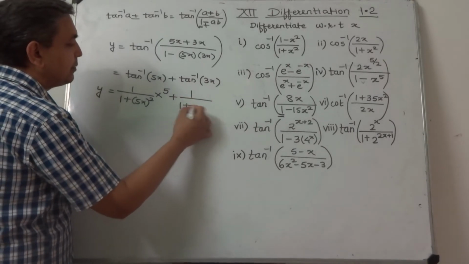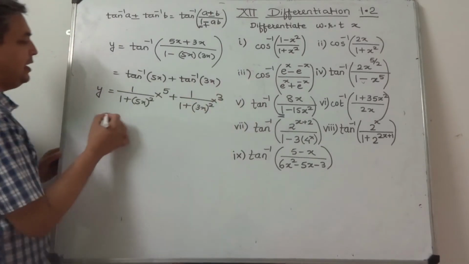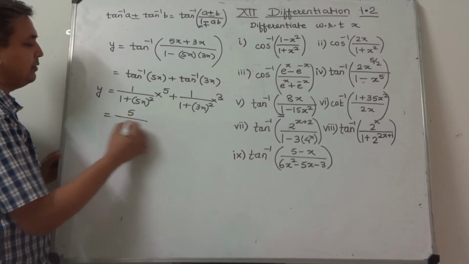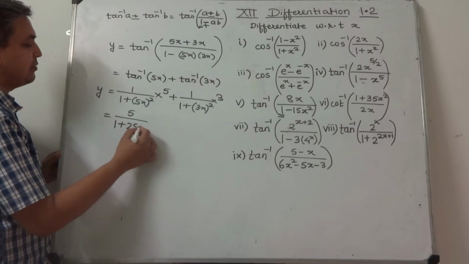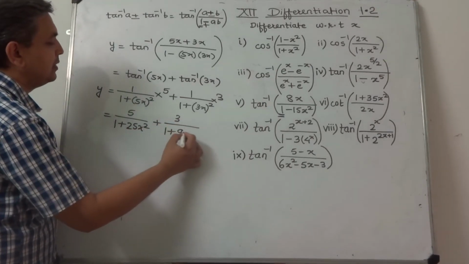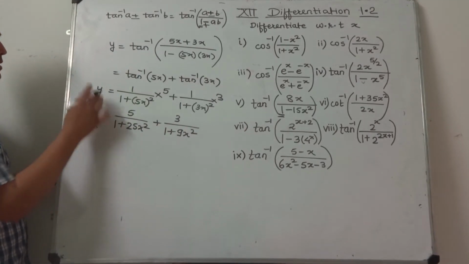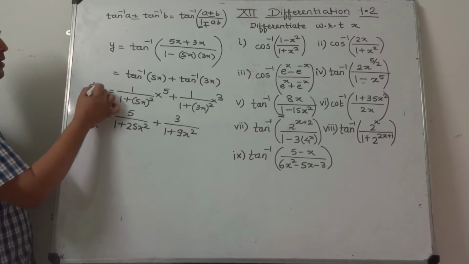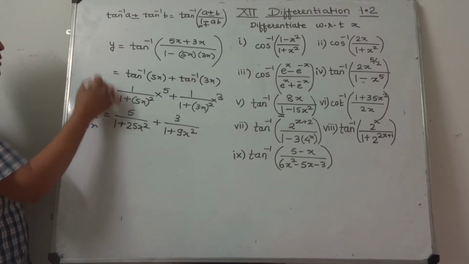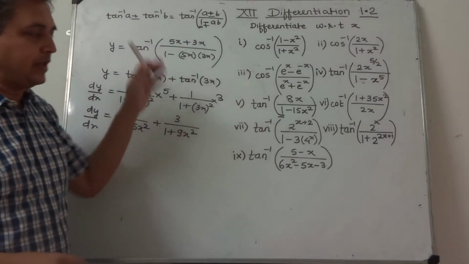Then 1 upon 1 plus 3x whole square, derivative of 3x is 3, and so the answer is 5 upon 1 plus 25x square plus 3 upon 1 plus 9x square. This is dy by dx. This should not be y, this should be dy by dx. We have taken the derivative. So this is the fifth answer.